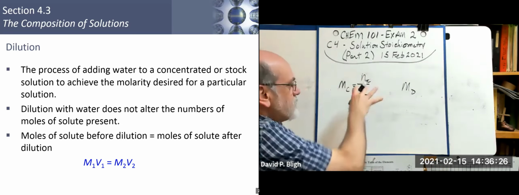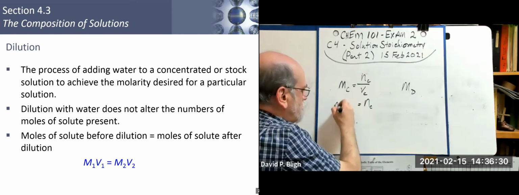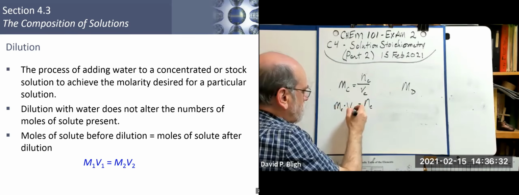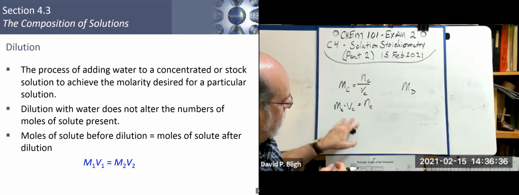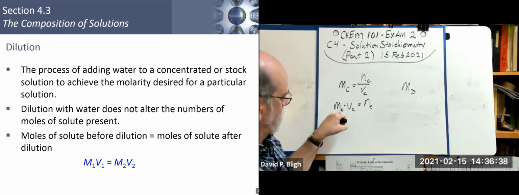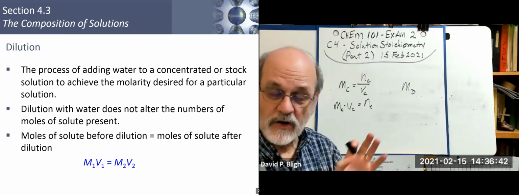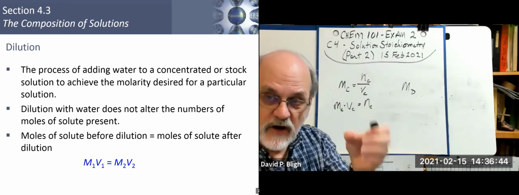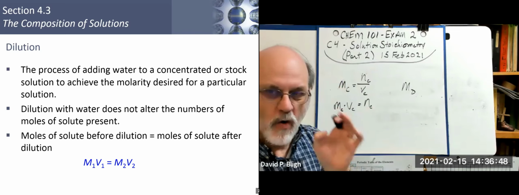And if you rearrange this, like that, right? So that's valid. Moles of the concentrated equals molarity times the volume. And this volume I'm talking about for the concentrated, it's the volume that you extract from the solution, an exact known amount.